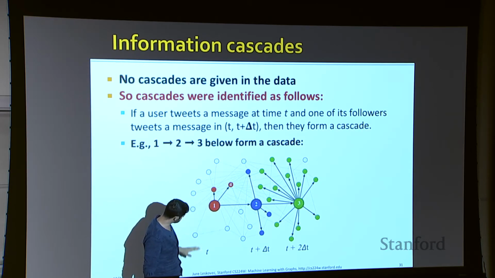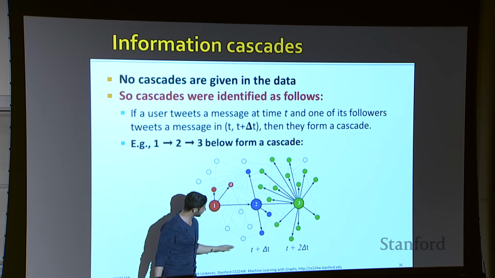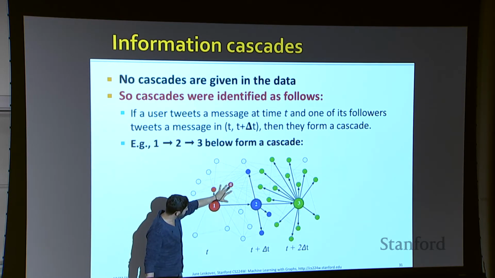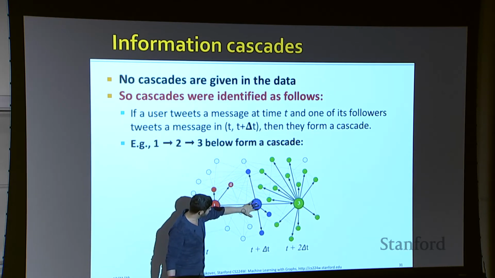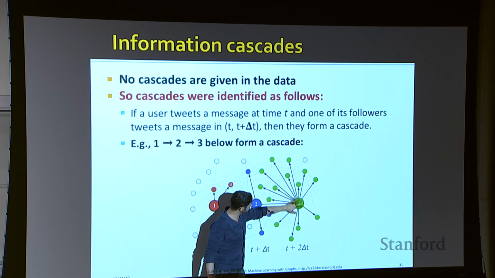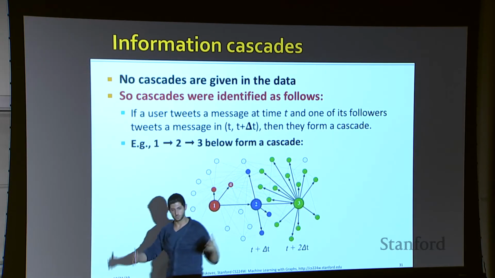So in this case, for instance, we study the cascade over 2 time periods, and we see, okay, it starts from user 1, it spreads to some users that don't adopt it, but then it spreads to 2 also that adopts it and sends it over, and then all of a sudden it reaches user 3, who is super connected, everyone is reading his or her feed, and then the cascade starts to spread, okay?